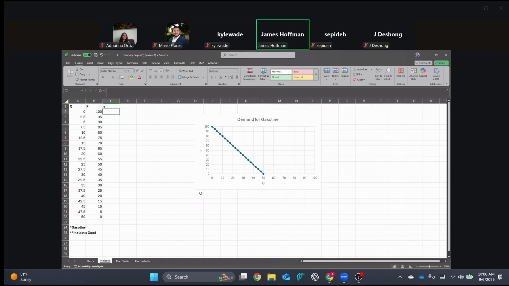All right. So we'll start here in cell C4, because if we put in a zero, it's going to give us an error again. But this is the same calculation from before, right?